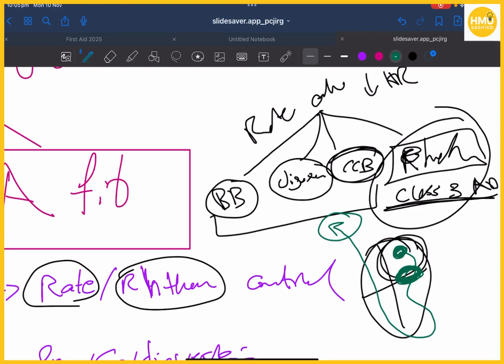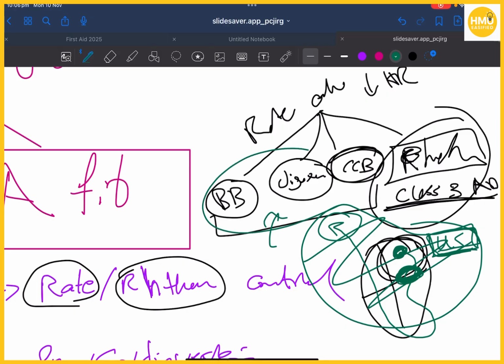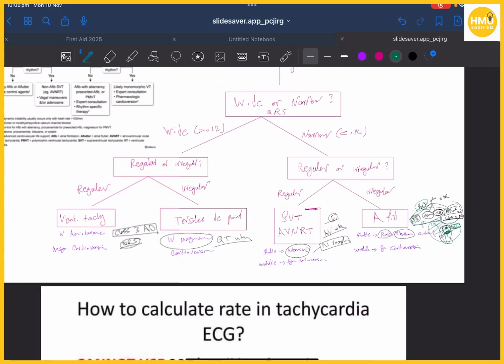So before you do that, you do an ultrasound or an echo of your heart, and you can see if there's a thrombus or not. But obviously, you just don't do that, and you start with a beta blocker, for example, or rate control first. This is probably a better option.